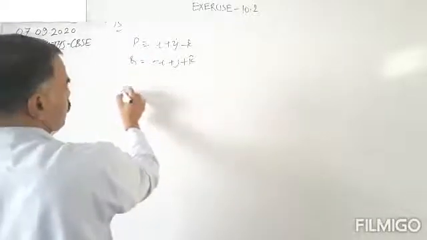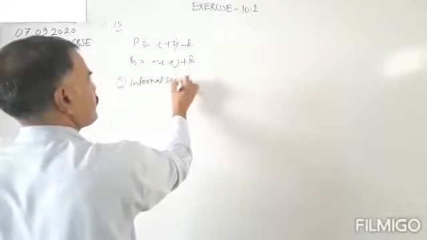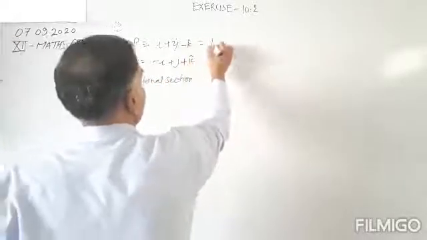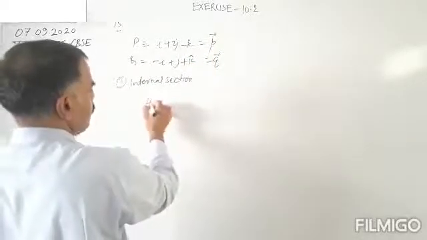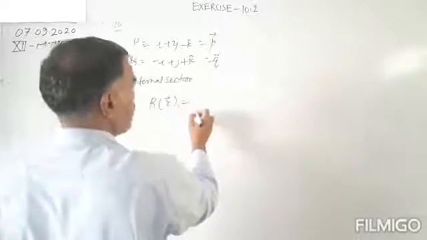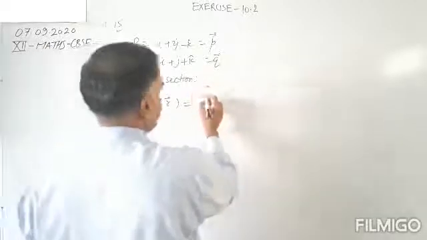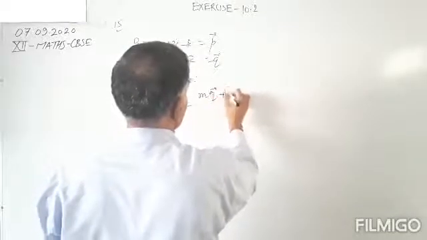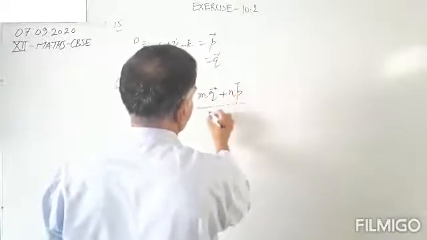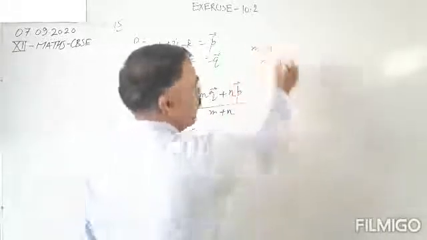First one, internal section. This is the P vector and this is the Q vector, and we have to find the position vector of R. When it is internal section, R vector equals (m Q vector plus n P vector) divided by (m plus n), and the ratio m to n is given as 2 to 1.